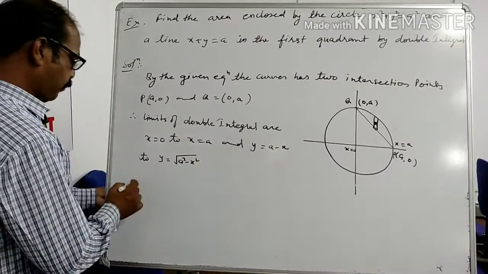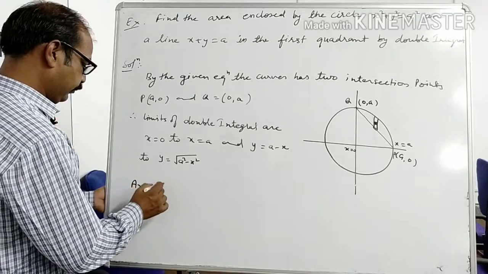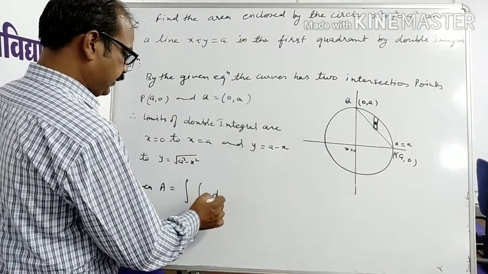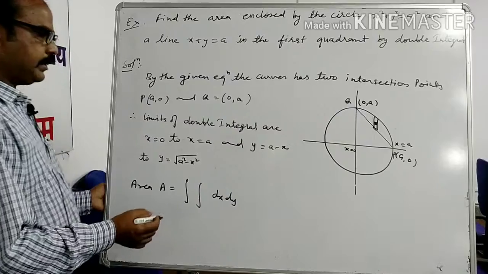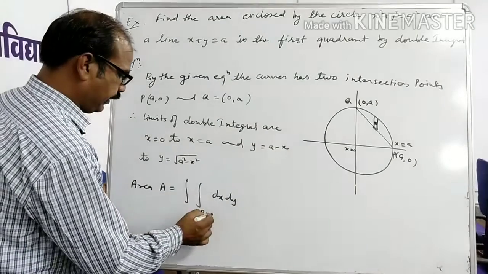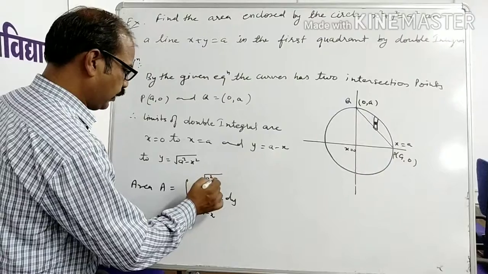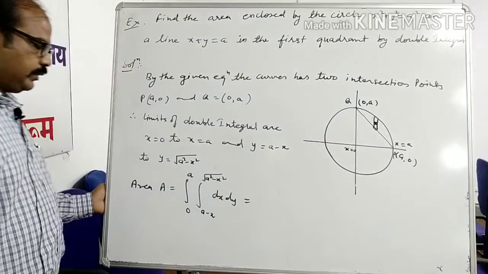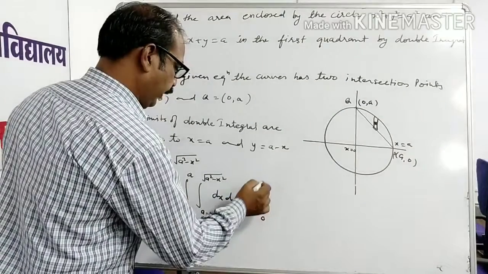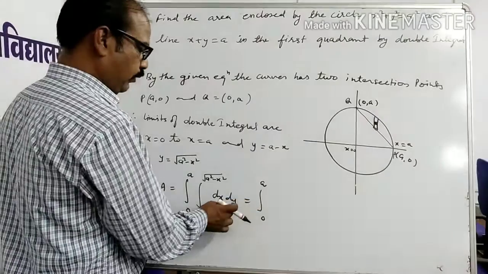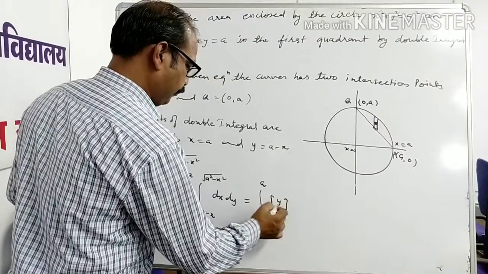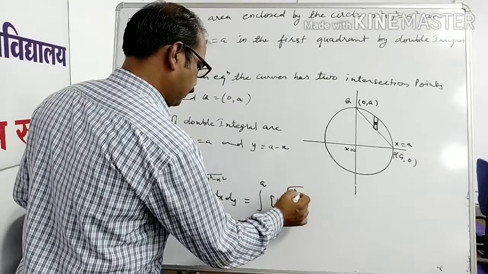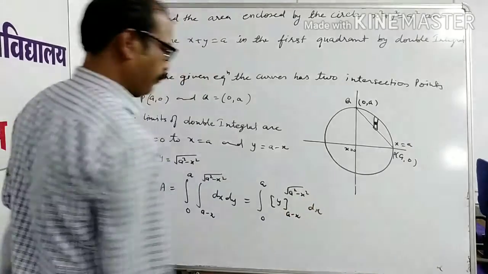So the area A equals to double integration of dx dy, and the limits are a minus x to under root a square minus x square and 0 to a. Now we will calculate this. So 0 to a, and the integration of dy is y, a minus x to under root of a square minus x square dx.